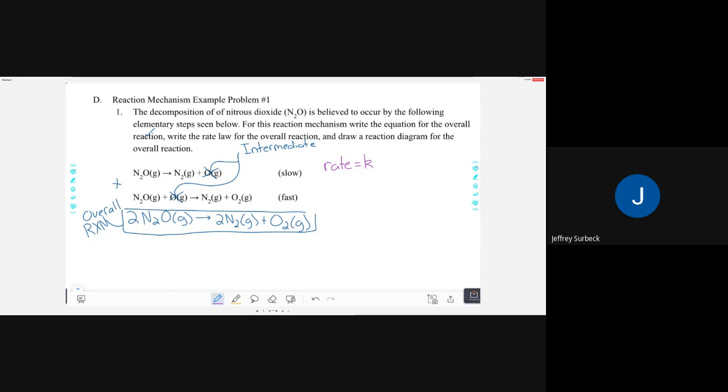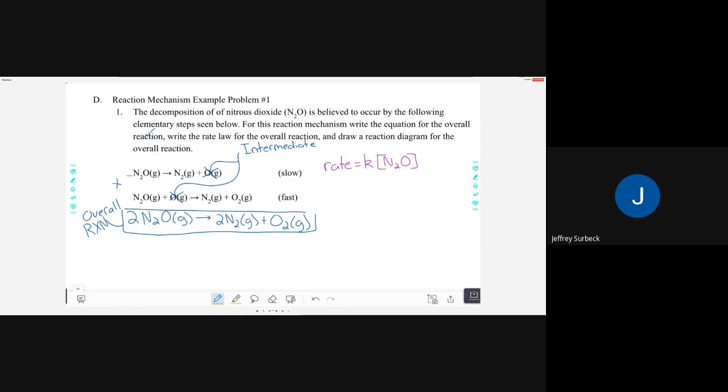So we'll have next to our k, N2O, and for this process, this is the only time in a rate law that we look to our coefficients in that slow step to identify what power we have. So we go in front of N2O in just the slowest step, and what is that coefficient in front of N2O? 1.